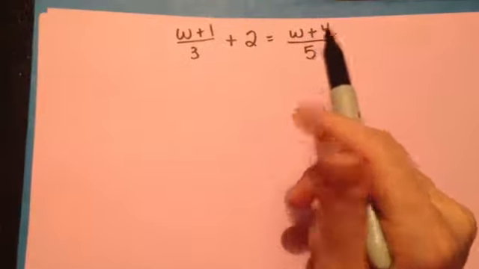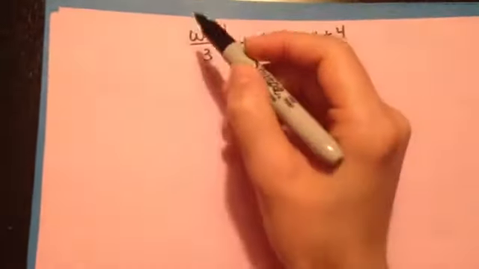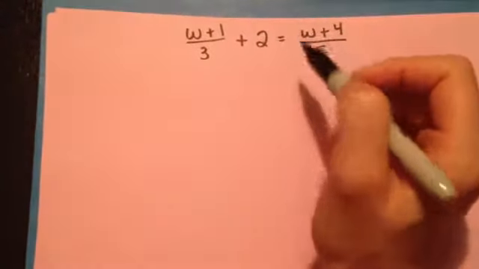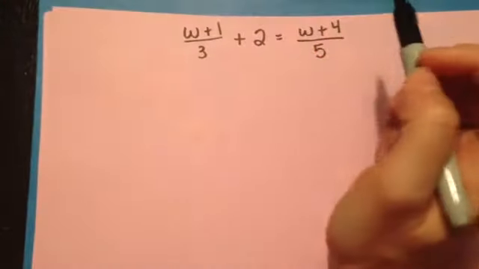So that's going to complicate things until I can get rid of those. The first thing I want to do is get rid of them. I'm allowed to multiply each piece of my equation by a number, and my equation will still be balanced.